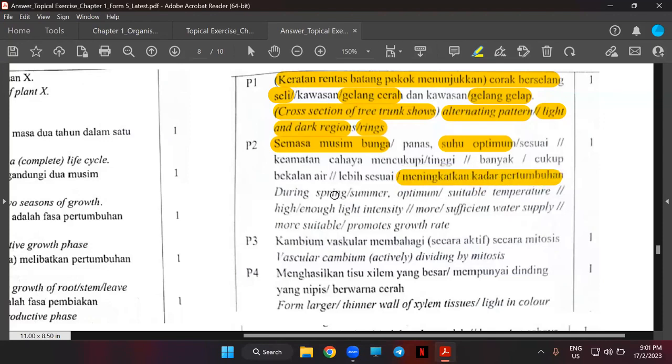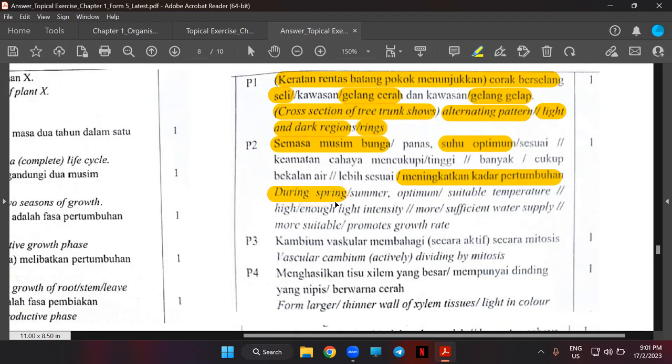Meningkatkan kadar pertumbuhan. Semasa musim bunga di mana suhunya adalah optimum, meningkatkan kadar pertumbuhan. Ataupun semasa musim panas di mana keamatan cahaya mencukupi, ini meningkatkan kadar pertumbuhan ataupun kadar pertumbuhan menjadi lebih tinggi.